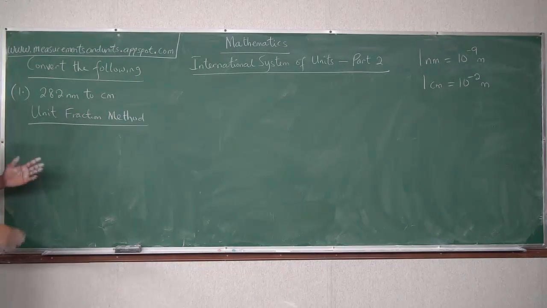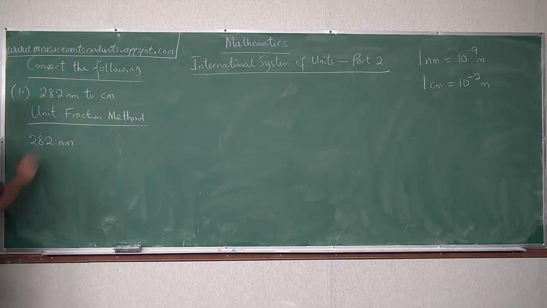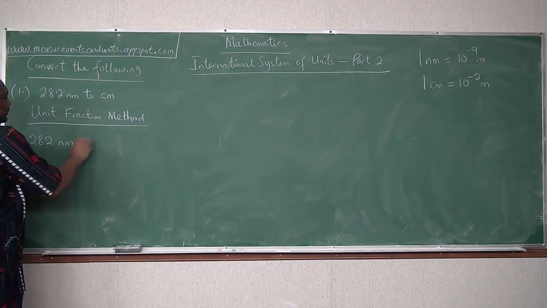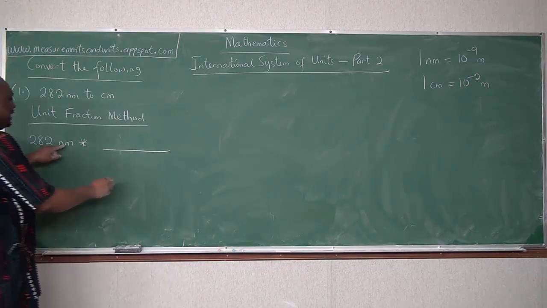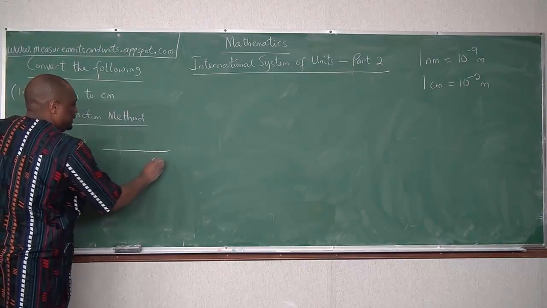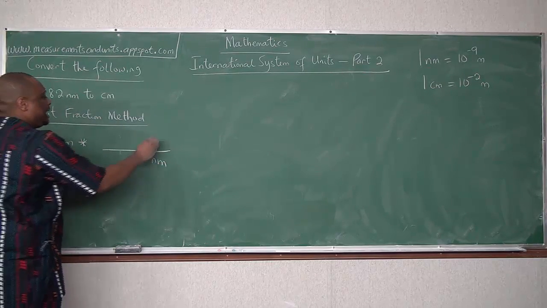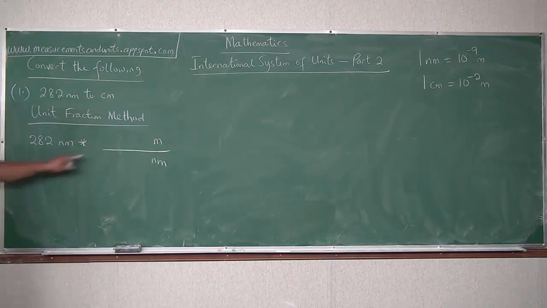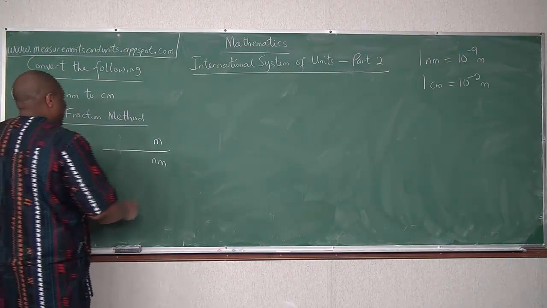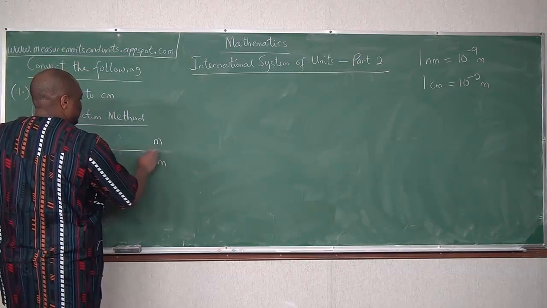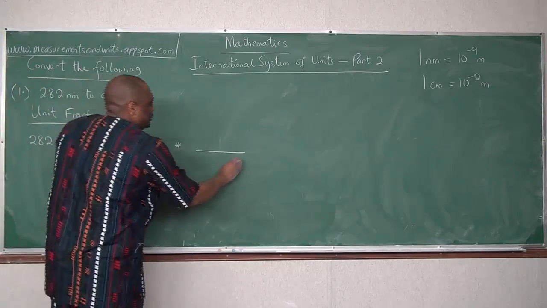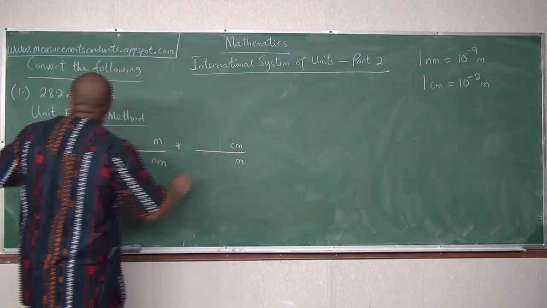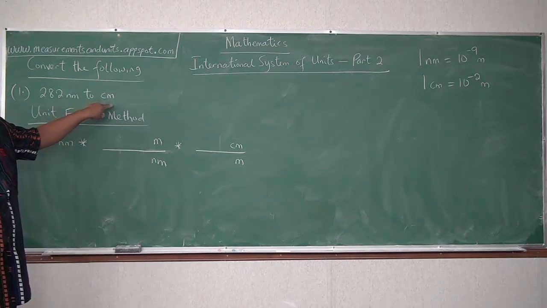So, first of all, I will write the 282 nanometers times, I draw my line. I put nanometer here so that it will cross out, and I put meters here, times meters here to cross out, and then I put centimeter because that is what I need to have.